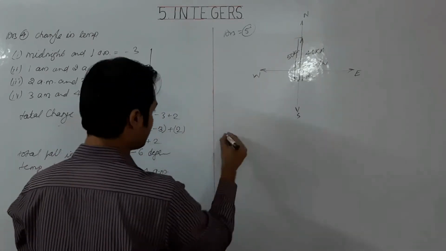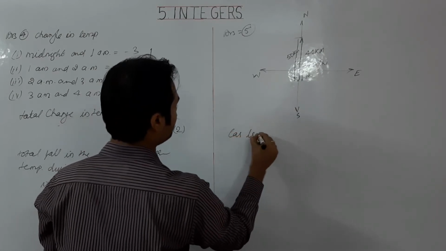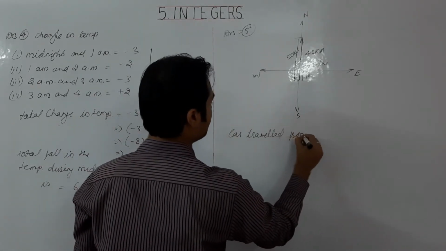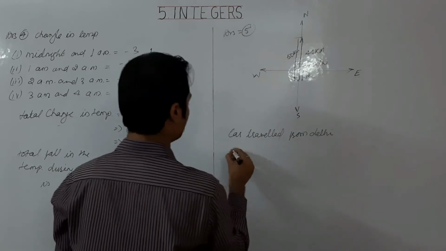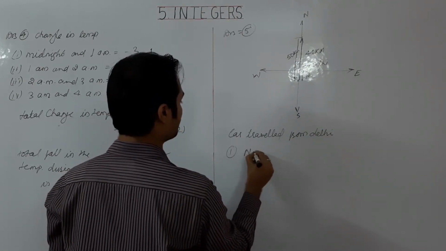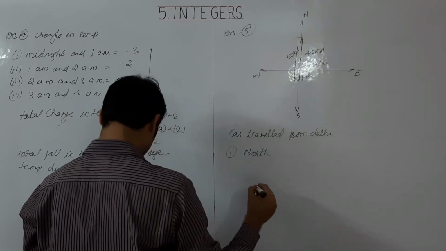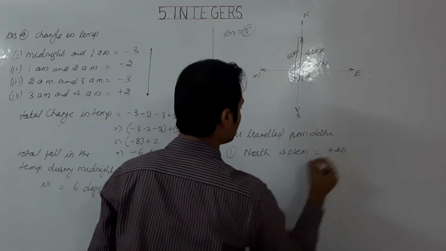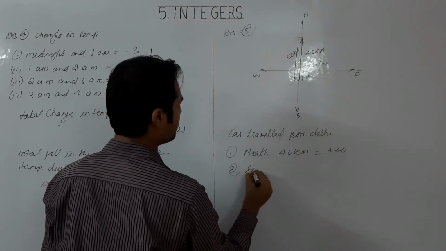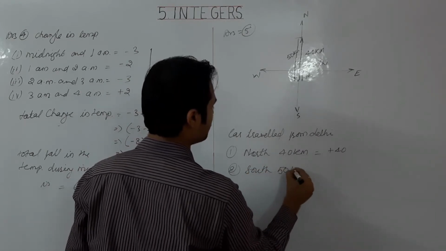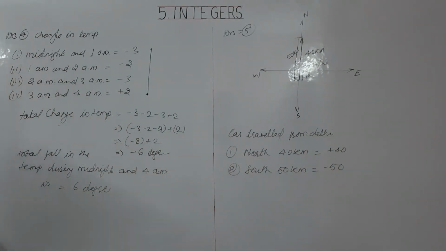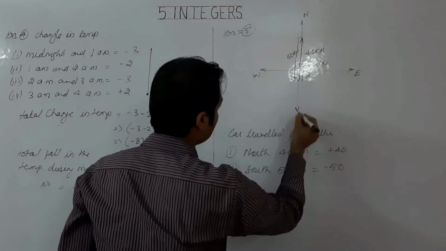For car, traveled from Delhi first north 40 kilometers, so we'll write plus 40, and then from this point south 50 kilometers, so we'll write minus 50, because if 40 is representing distance covered and plus is for north direction, then we have to write minus for opposite or south direction.